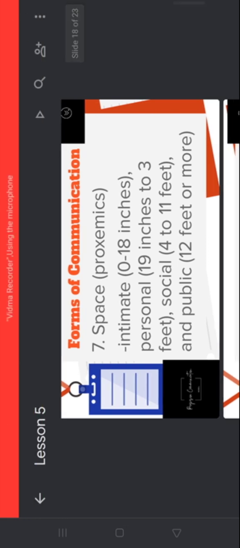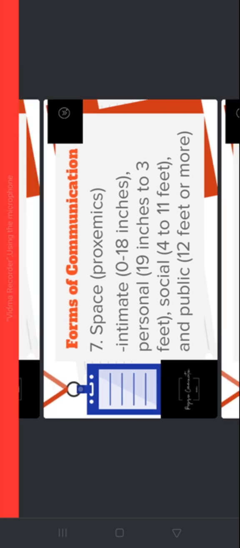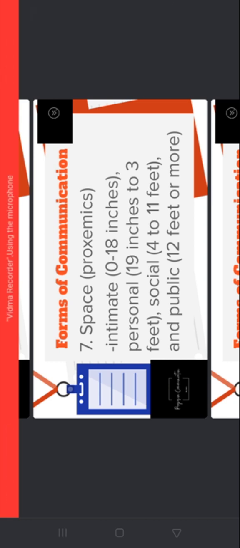Okay, that's why when we talk about space, class, we also consider how big is your table. Sometimes a boss or supervisor has a bigger table than that of the other faculty members, and that is considered a space. For example, in Japan, class, they are minimalist, right? They like smaller spaces. But in America, they like bigger spaces.